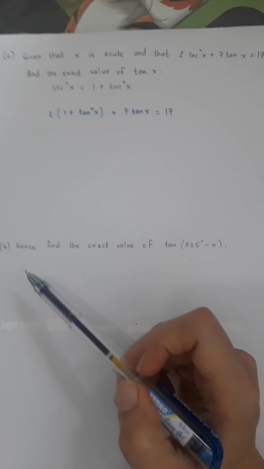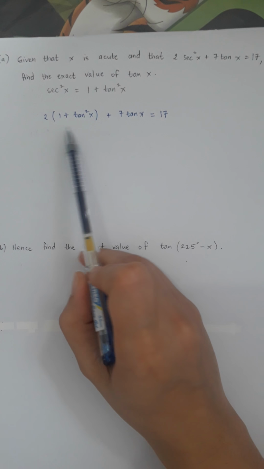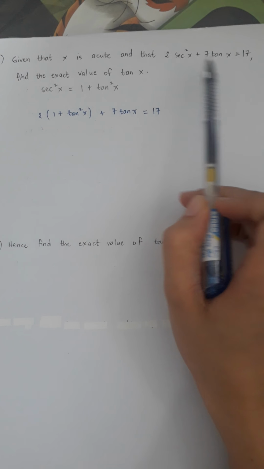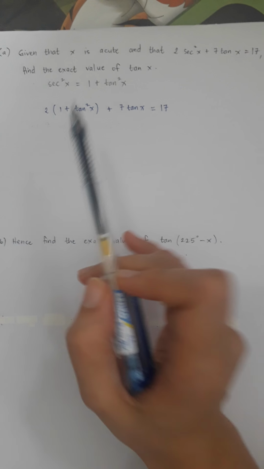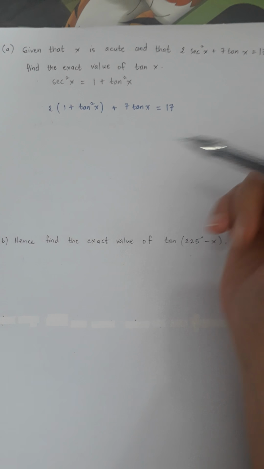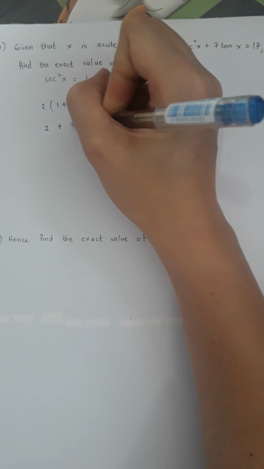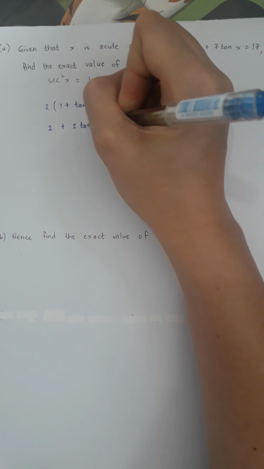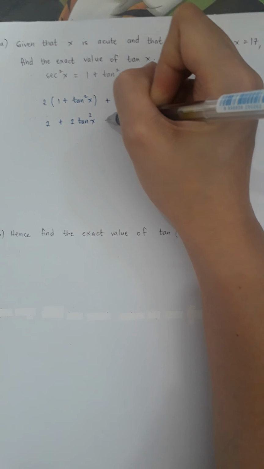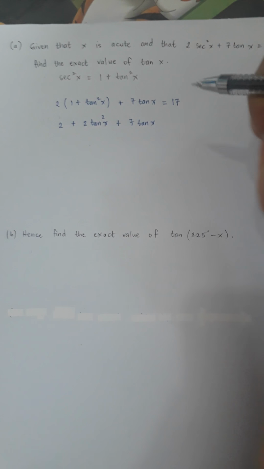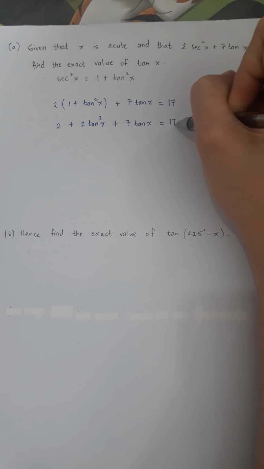Okay. So now we see that the entire equation is in terms of tangent. Unlike here, we have two different ratios. Then from here, we simplify. So now we have 2 plus 2 times the square of tangent x plus 7 times tangent x equals 17.